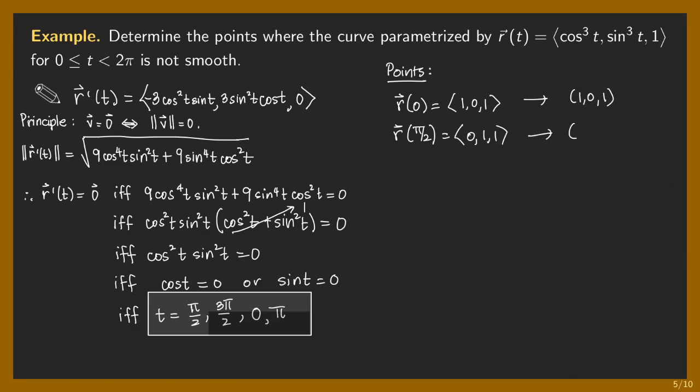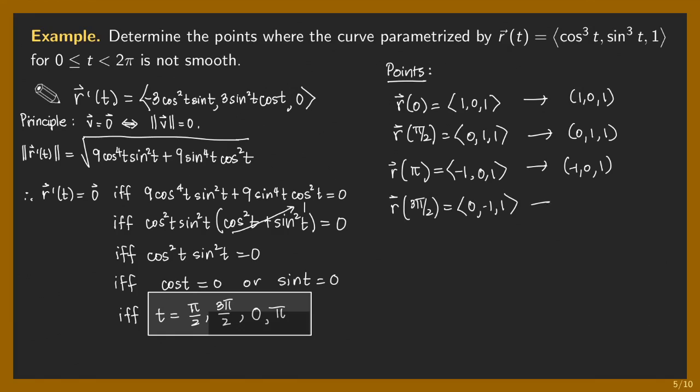So that corresponds to the point 0, 1, 1. r of pi is negative 1, 0, 1. So that corresponds to the point negative 1, 0, 1. And r of 3 pi over 2 is the vector 0, negative 1, 1. That corresponds to the point 0, negative 1, 1.